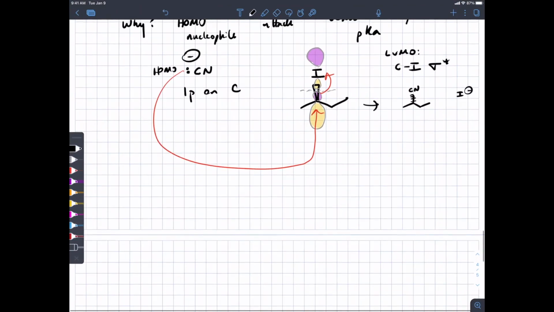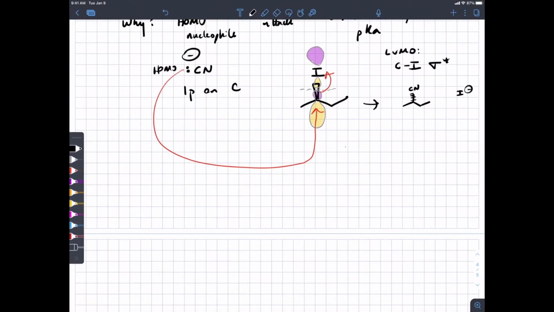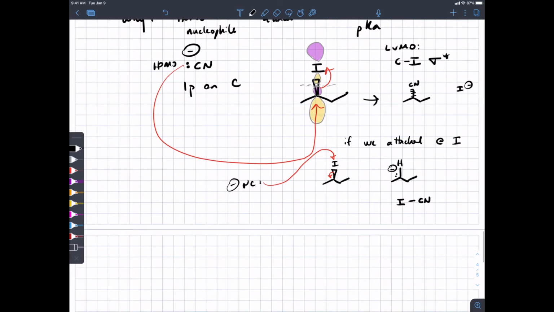If, in contrast, we attacked at iodide with CN minus, we would form a new bond between carbon and iodide, and the thing that would leave would be this negatively charged carbon, and then we would form this molecule.